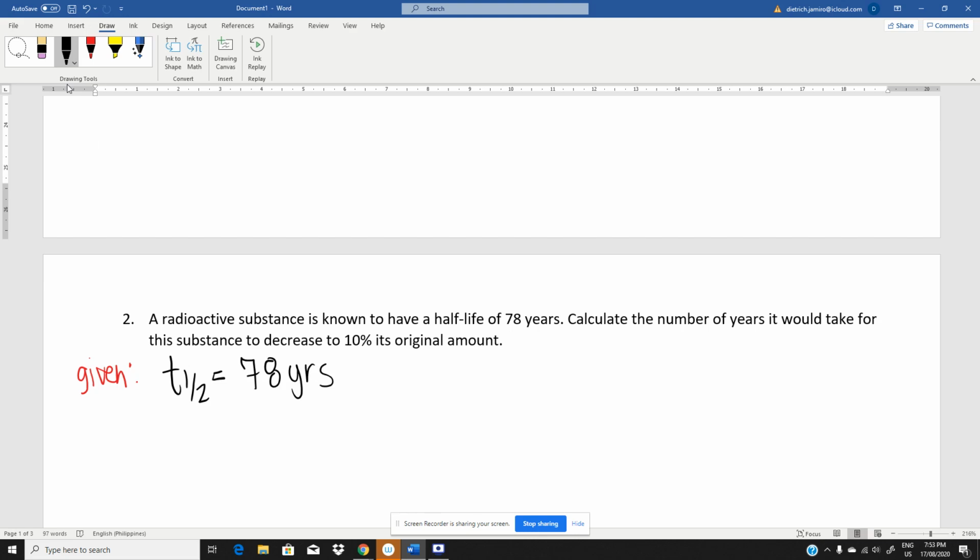We are also required to get the number of years to get to 10% less. So we are required amount at 10% less.